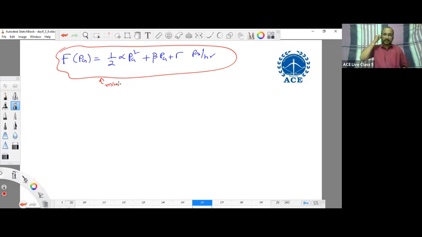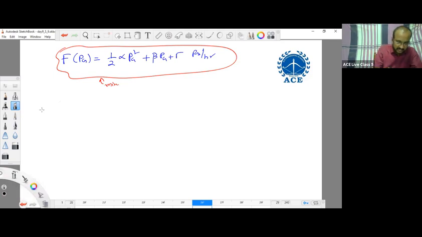In order to minimize the fuel cost, we need to differentiate that fuel cost equation with respect to power generation, because in maxima and minima problems we study in numericals. Here also the same.